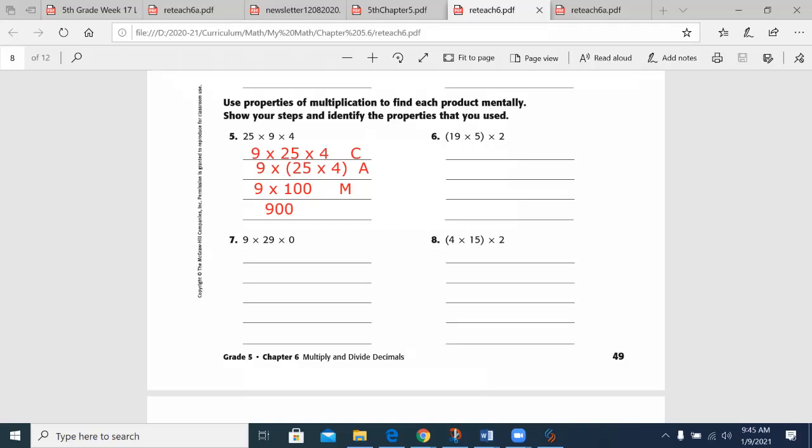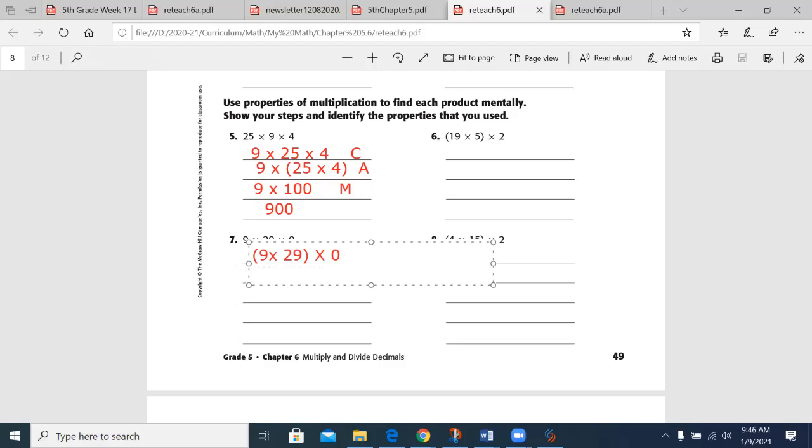There is a trickster in here, by the way. Let's look at number 7. They're not very nice. They multiplied by 0. I could do this in any way I want, but it's always going to be 0. I could group that together just for something to do on this problem.